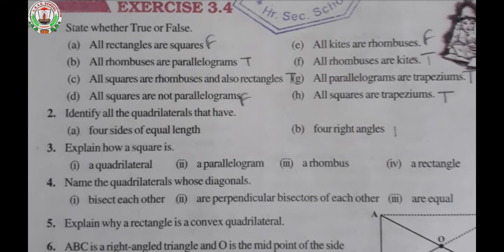Perpendicular bisector to each other means one bisector crosses the other at 90 degrees. Okay, you have to name it. Then again the third one, you have to name the quadrilateral whose diagonals are equal. That means the lengths of the diagonals are equal. You have to name the quadrilateral.